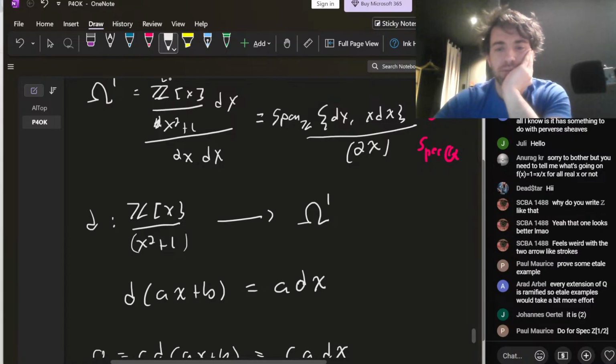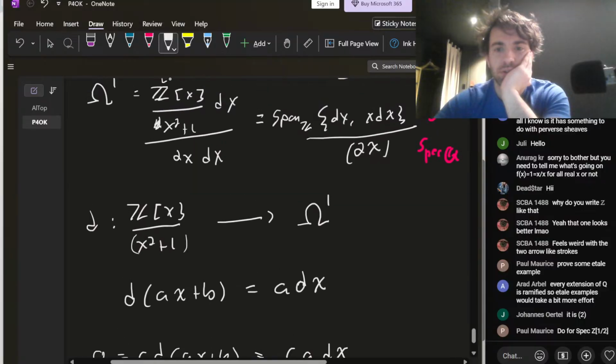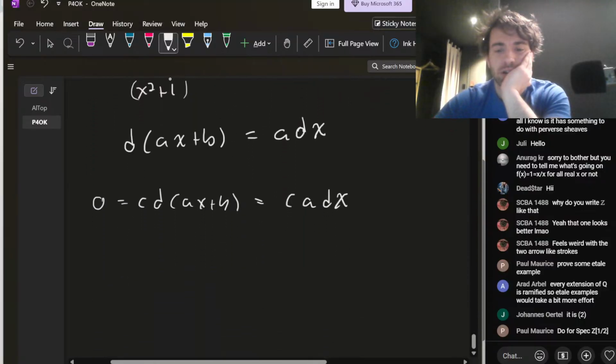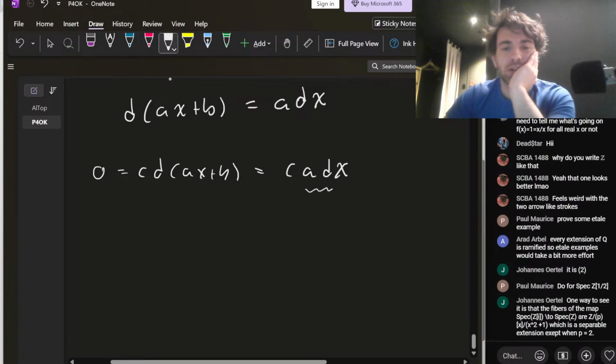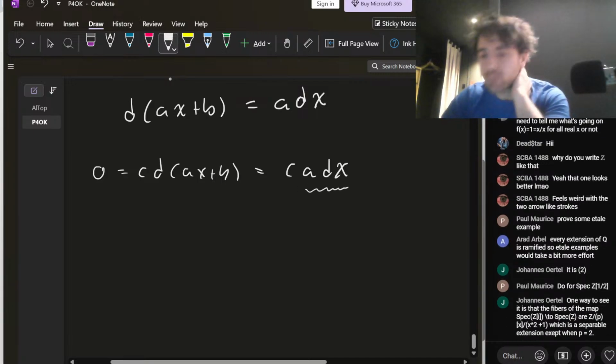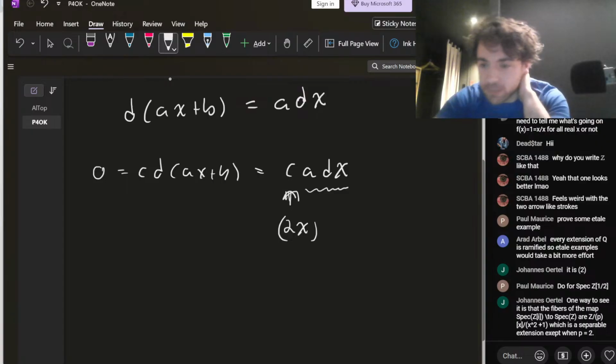I could believe it should just be 2, but now if we wanted this to be 0, in order to kill this term, if c was in the ideal 2x, that would kill it.